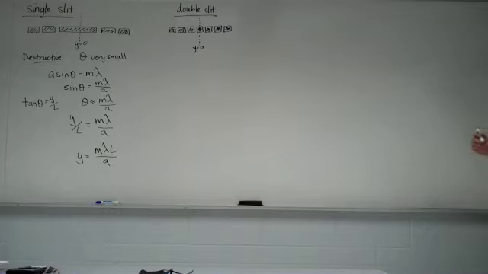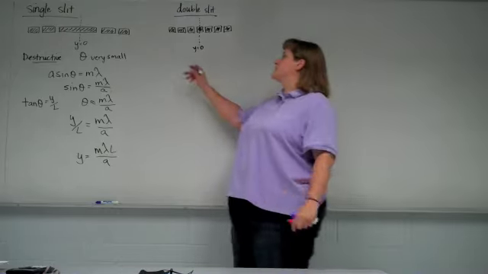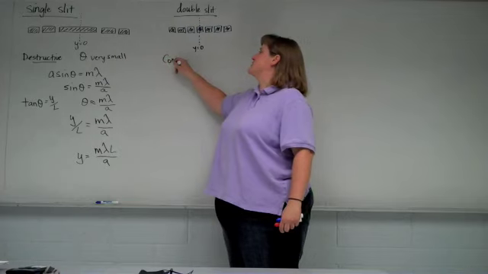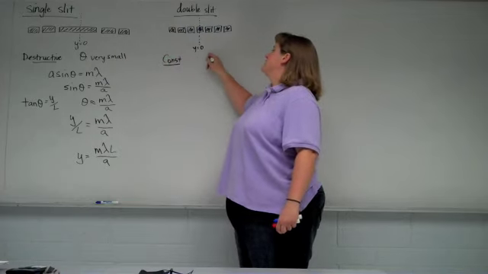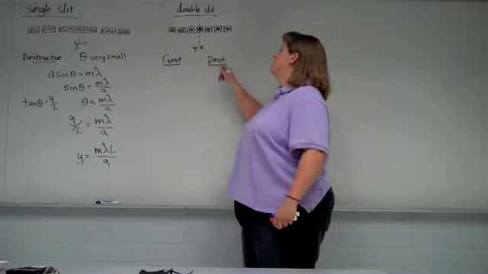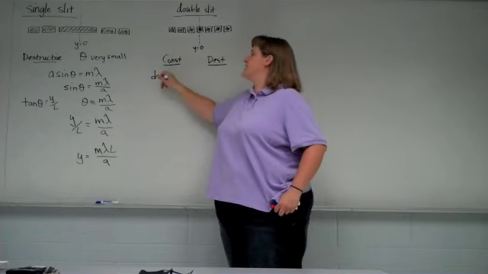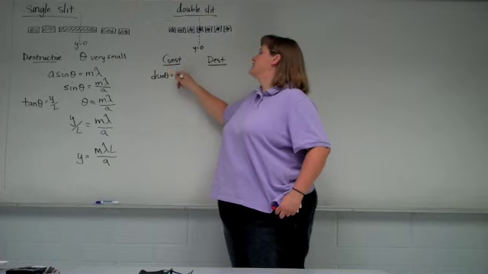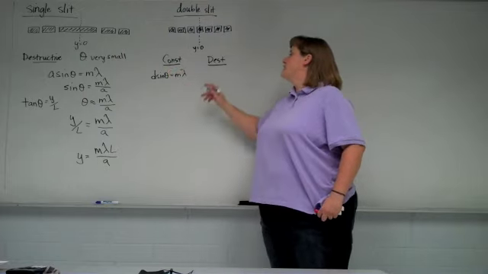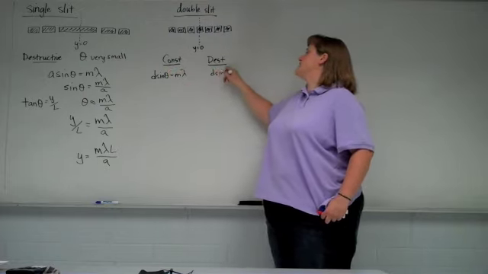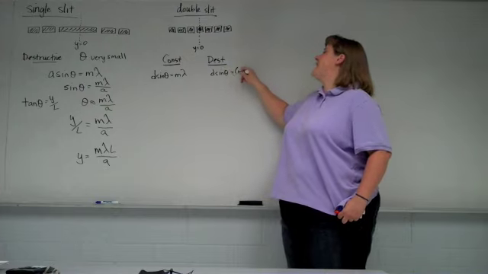For double slits, we looked at both constructive and destructive equations. For constructive interference, we get d sine theta is equal to m lambda. For destructive, we have d sine theta is a multiple of half a wavelength.